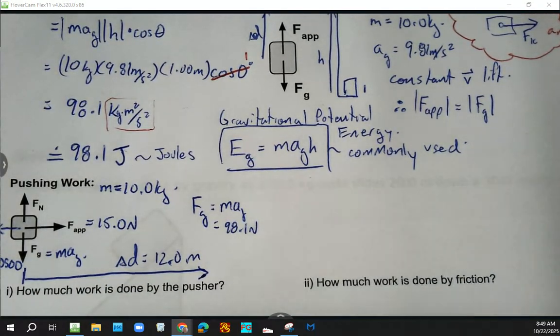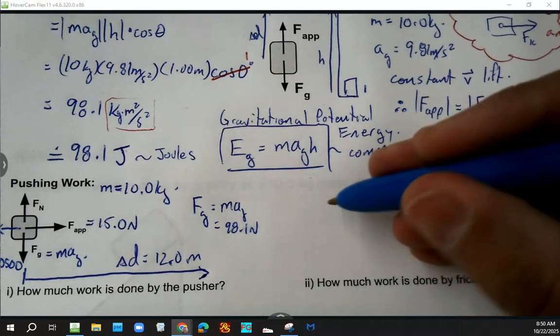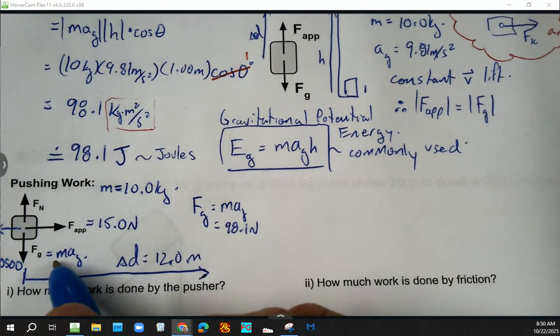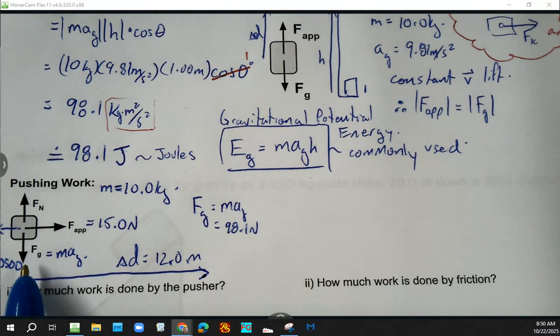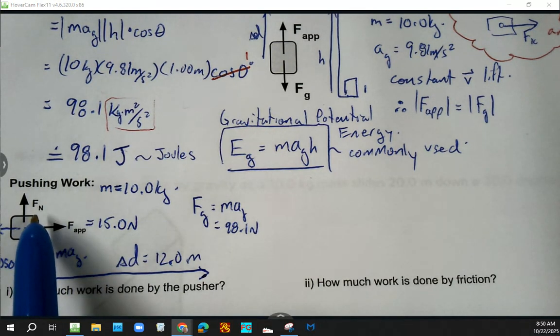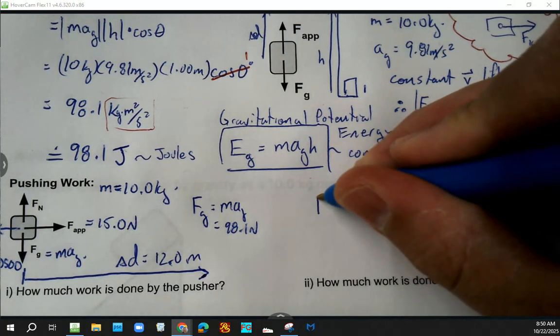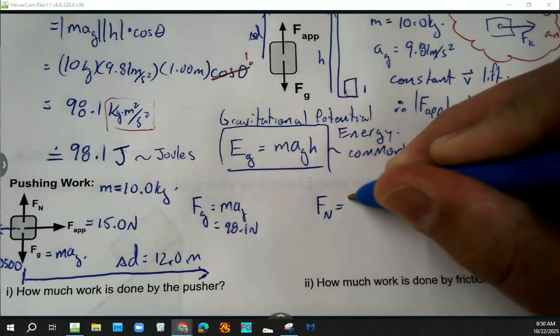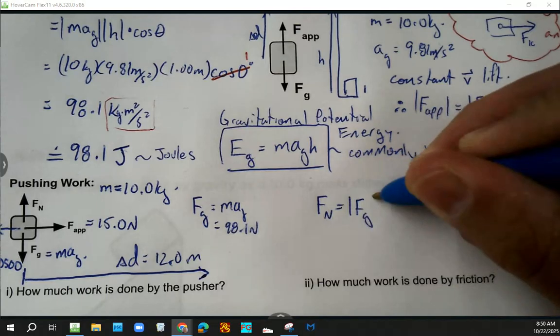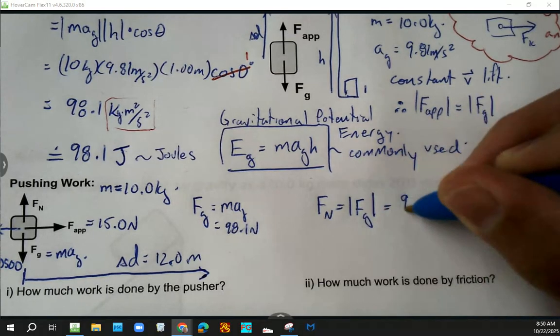All right, so before we get to that though, let's do a quick little figure. It seems like if we know Fg, and we know that this is on a horizontal surface, and there's a normal force, then we might as well just say F normal is equal in magnitude to Fg, 98.1 newtons.